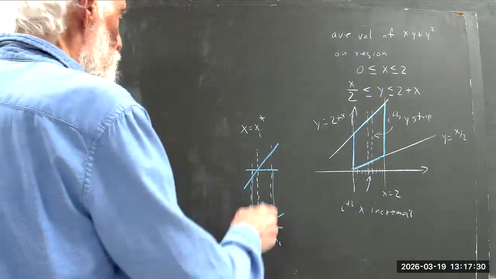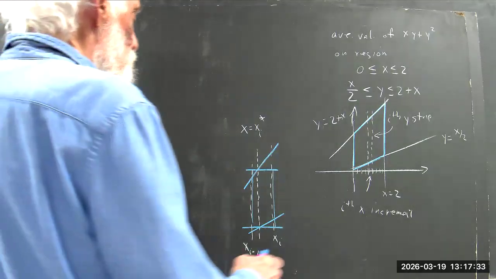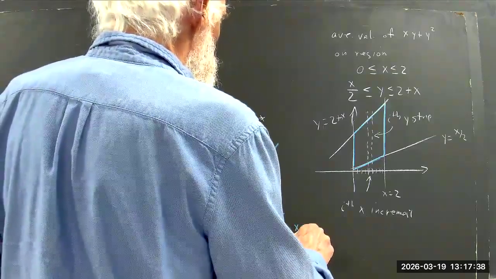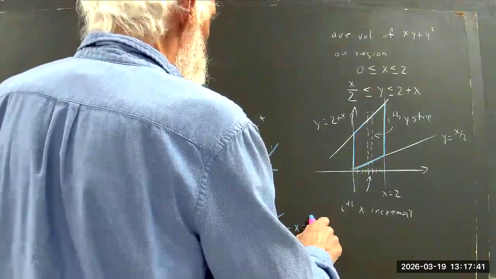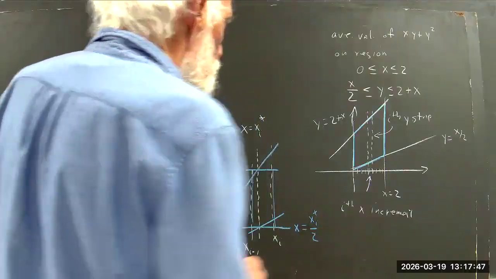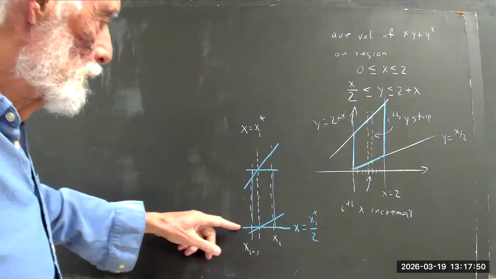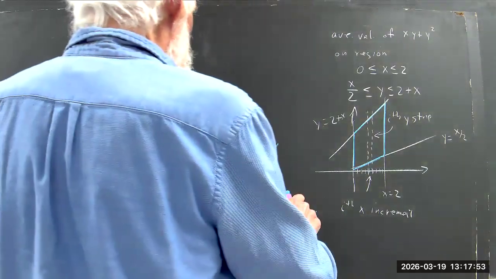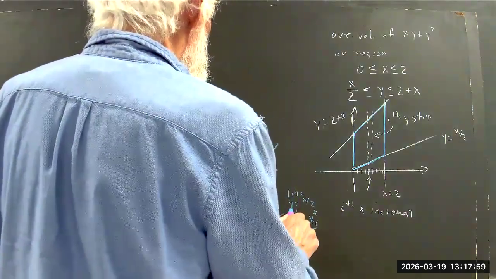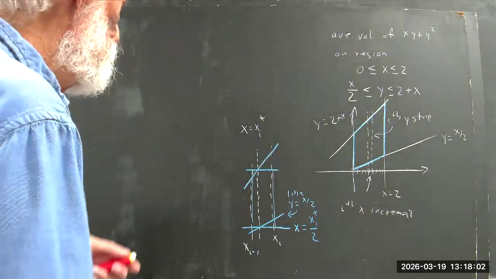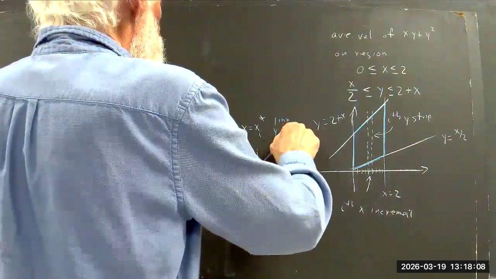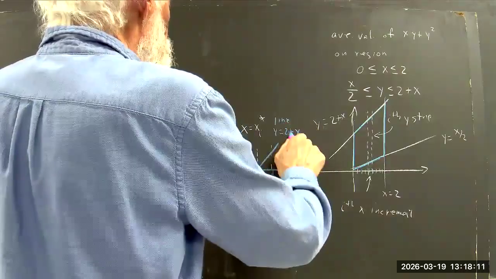Okay. So we start from here to here. This line here is x equals x sub i star over 2. Because, of course, this line is the line y equals x over 2. This line up here is the line y equals 2 plus x.